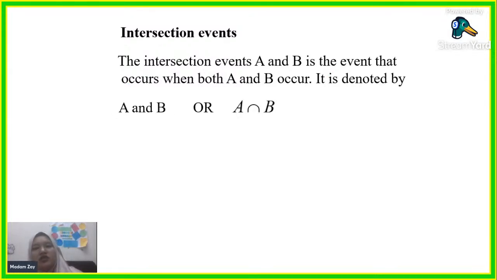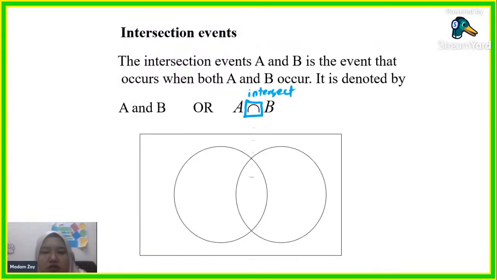Okay, so it is denoted by A and B or A intersect B. So this inverted U is the intersect symbol. Okay, so in this sample space Venn diagram, the intersection will be this area, the one where A and B coincide.